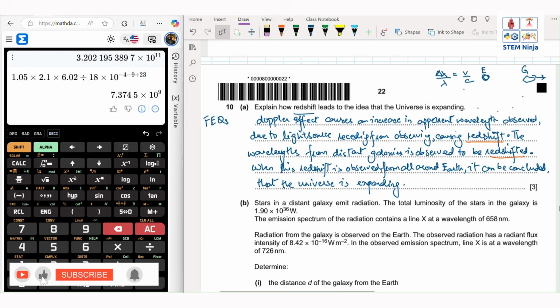And when this observation is done from all around the Earth, from distant corners of the universe, you could also say from all around space, it can be concluded that the universe is expanding.